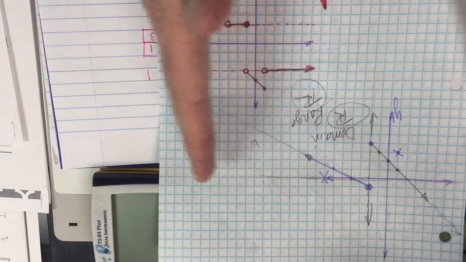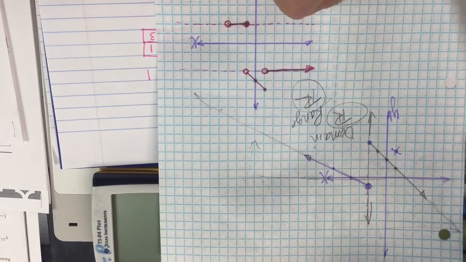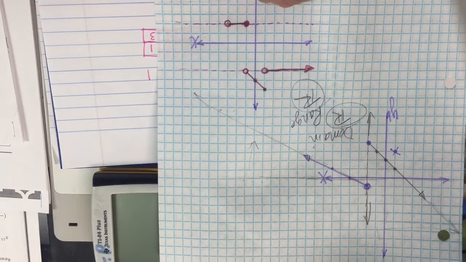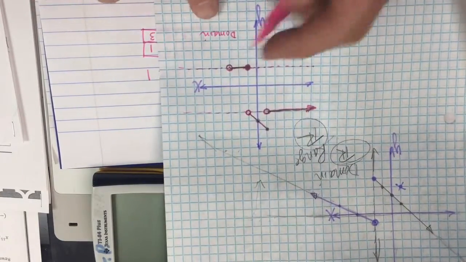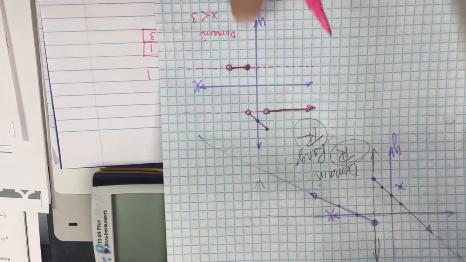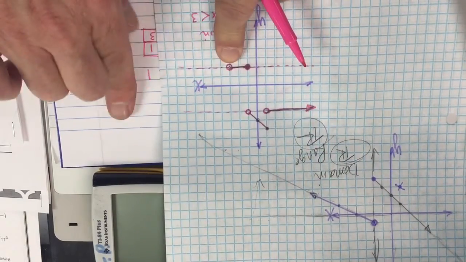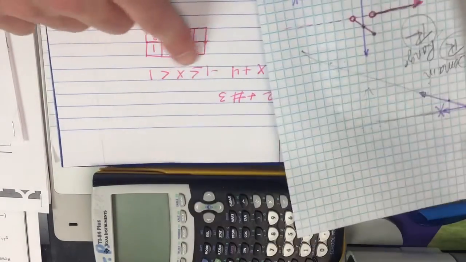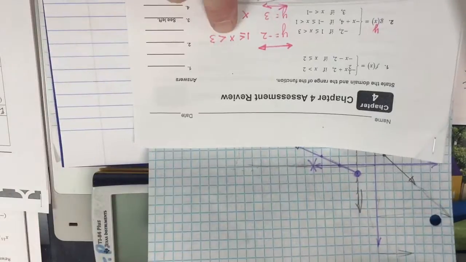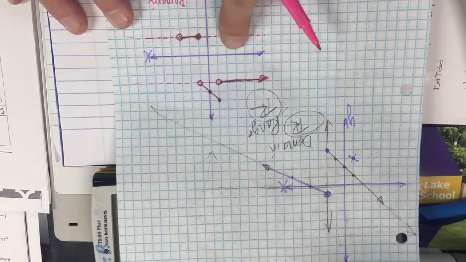If I look at the positive side of things, what's happening here? It stops here at 3. So I know that my domain is going to be x is less than 3. There's nothing that goes more than 3, and we're not including 3 because of this right here. So the domain is x less than 3.